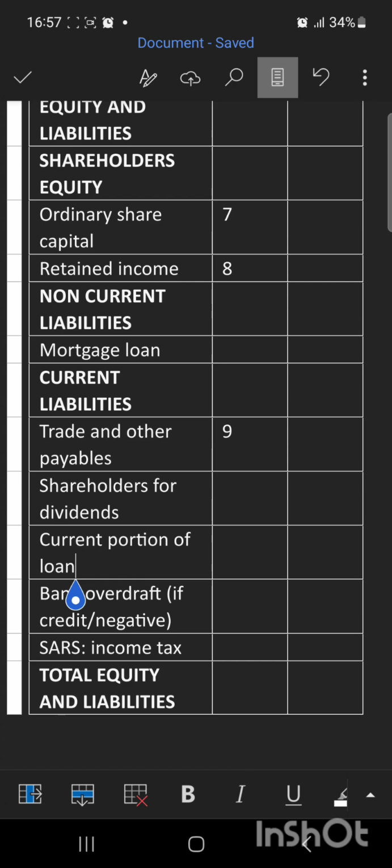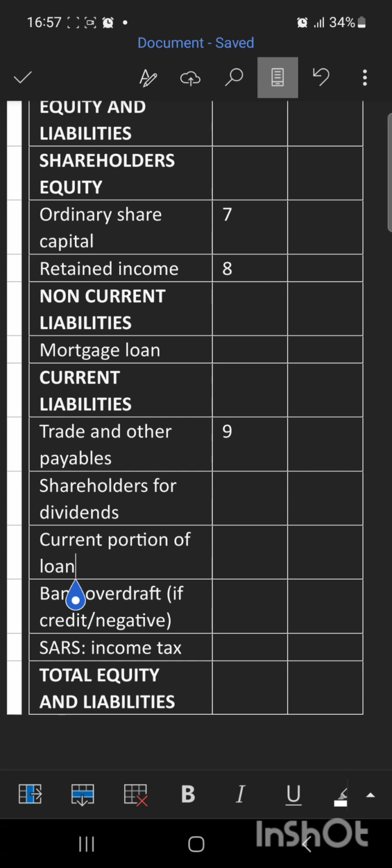So let's say, for example, the closing amount on the trial balance is 120,000, and we assume that the interest capitalized is 30,000.